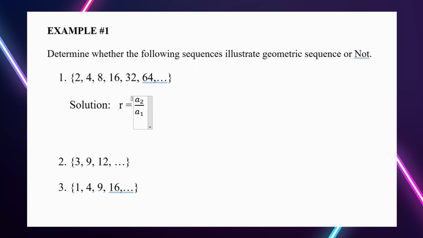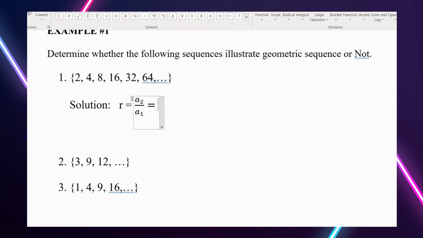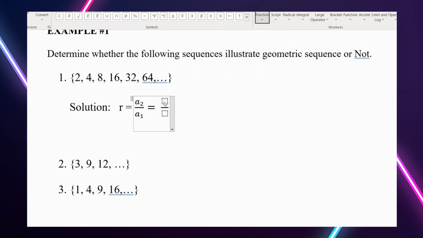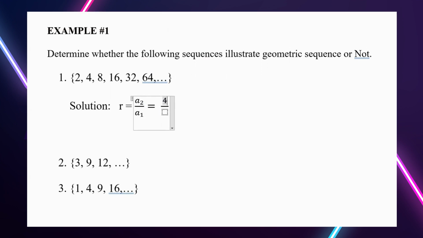So ang a sub 2 natin ay 4, at ang first term natin ay 2. So 4 divided by 2 is equal to positive 2. Next, let us determine the common ratio of a sub 3 and a sub 2.